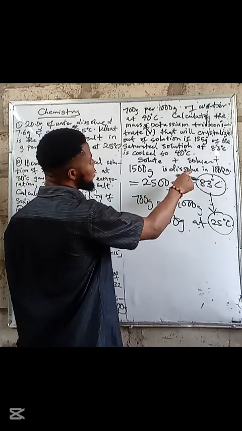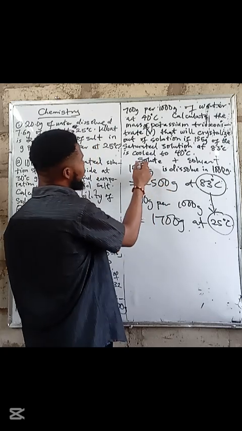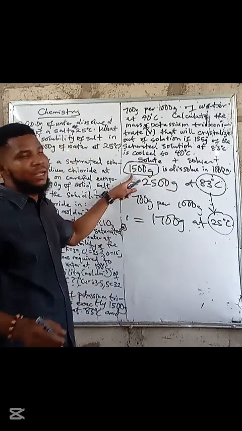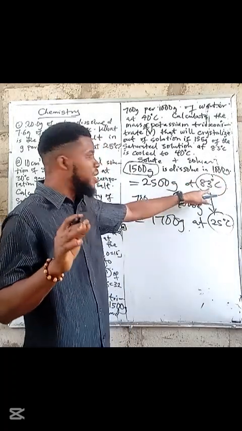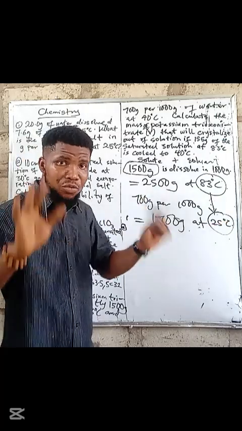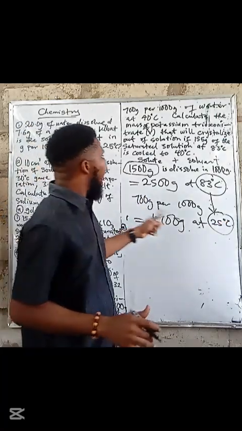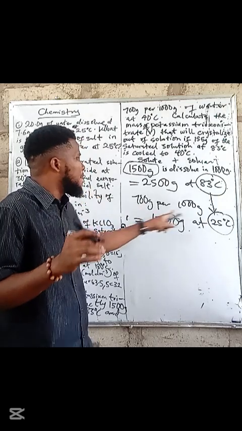The amount of solute here is 1500 grams in 1000 grams of water at 83 degrees Celsius. That's the saturated solution. Now, at 25 degrees Celsius, the saturated solution is 700 grams per 1000.